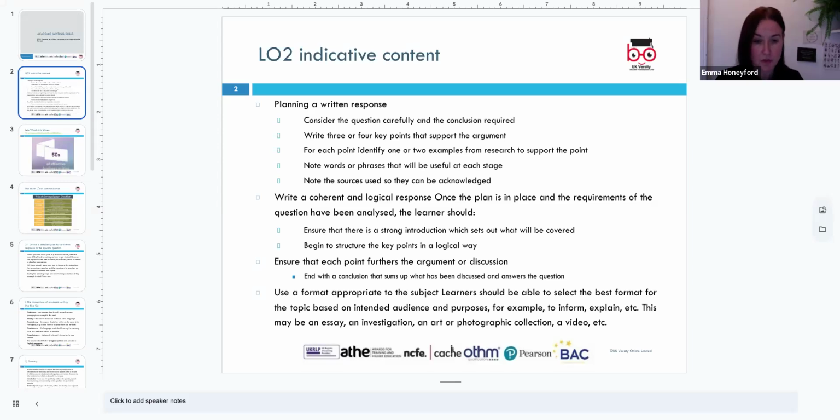Part A is to draw up a plan for a written response to a question, and it's broken down into different sections.